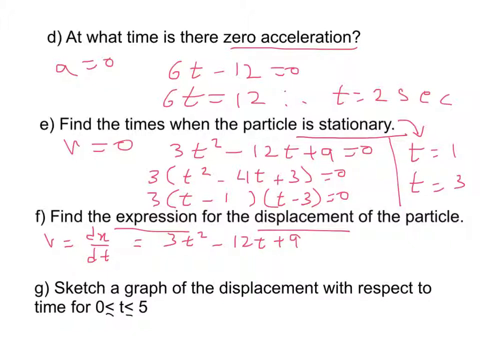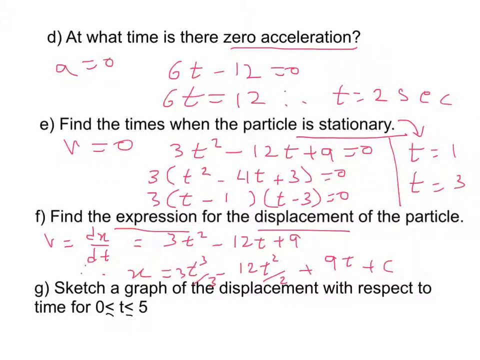So we are finding the primitive function of that. Therefore, x is equal to t cubed minus 12t squared over 2 plus 9t plus c.